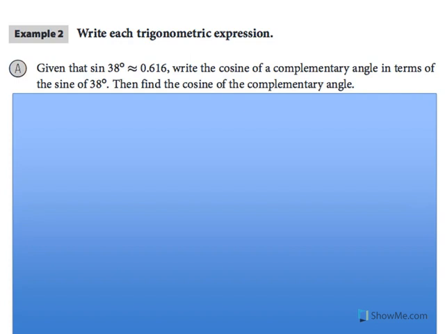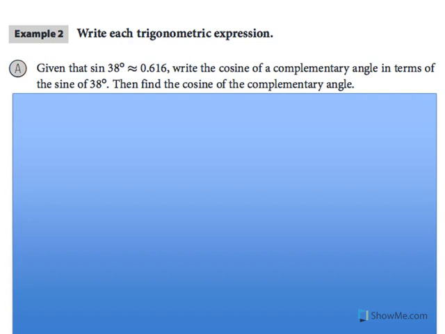Okay, they said write a trigonometric ratio expression. Given that sine of 38 degrees is approximately 0.616, write the cosine of the complementary angle in terms of sine of 38 degrees, then find the cosine of the complementary angle.